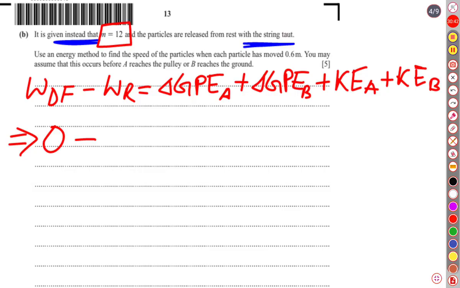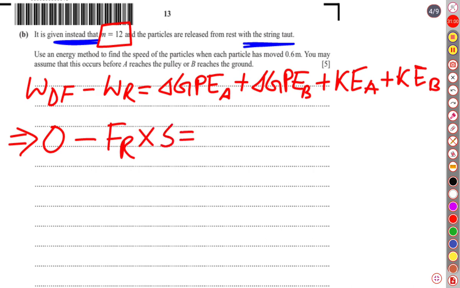But for particle A, as it was lying on a rough surface, definitely there is a resistance, I mean frictional force, which is external force. So our work done is Fr into S. We know work is equal to force into displacement.